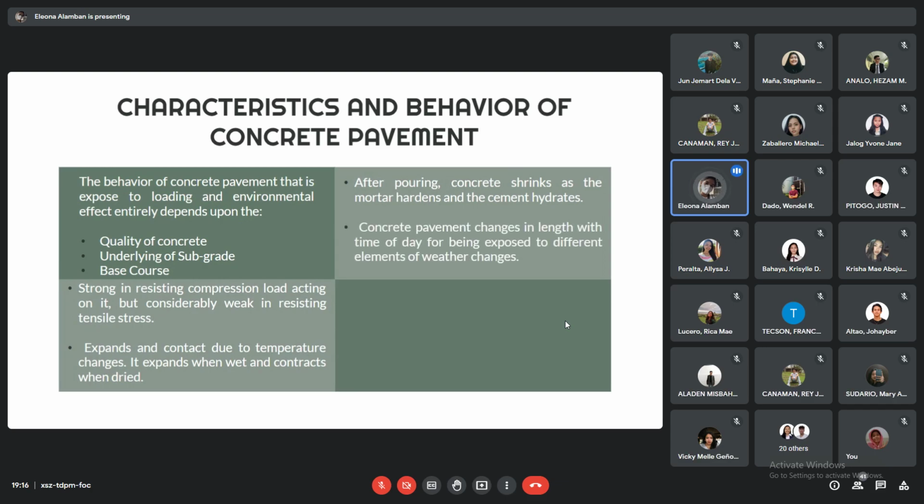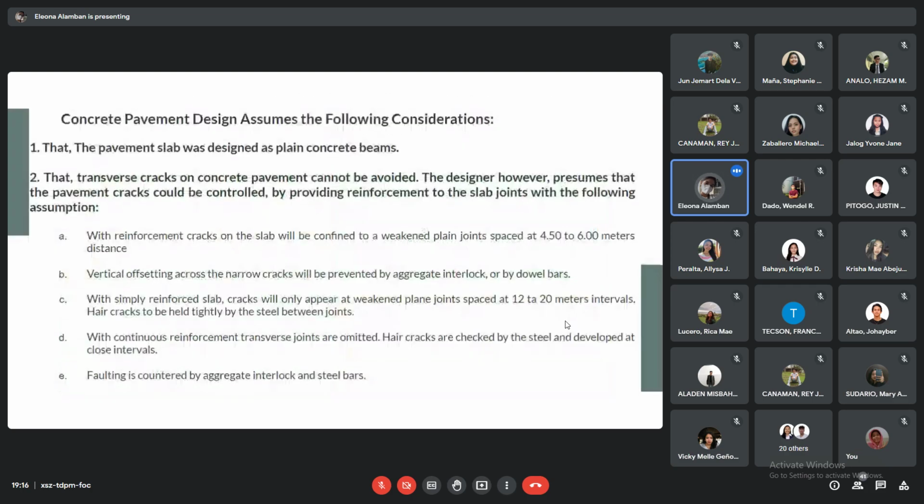And the concrete pavement changes in length with time of day for being exposed to different elements of weather changes. Lastly, a curl tendency is very likely due to the effect of daily and seasonal temperature and moisture differences between top and bottom slab.